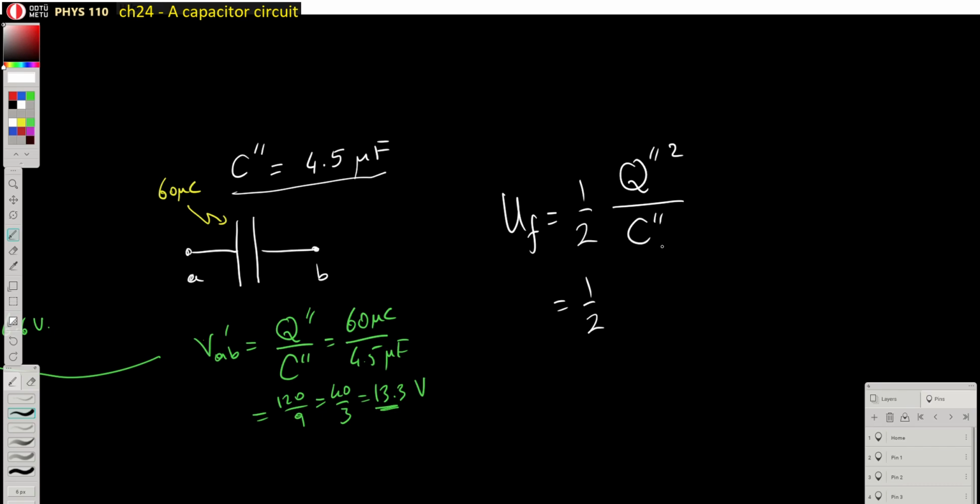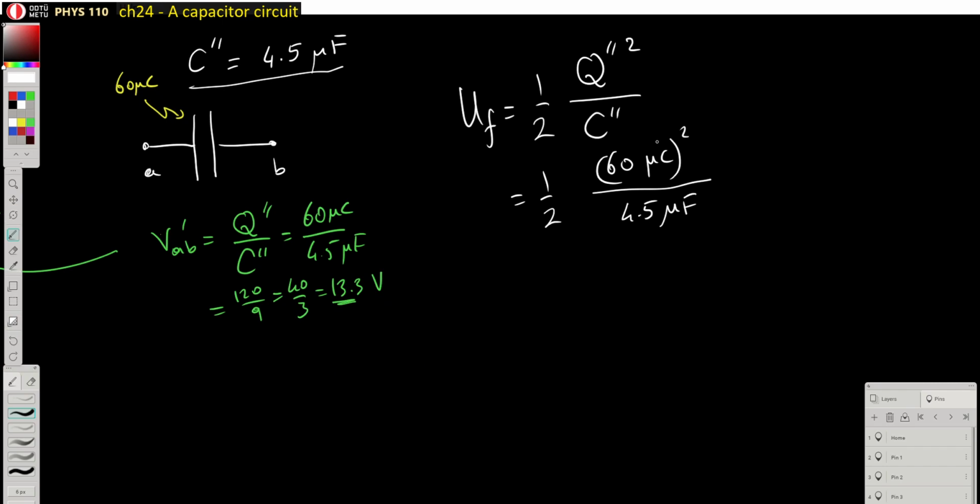The charge is 60 microcoulombs, squared, and the capacitance is 4.5 microfarads. There is a square of micro divided by a micro, so there is always one micro left, so the result is in microjoules. That's 3600 divided by 9. I forgot how to divide numbers. So this is 400 microjoules.